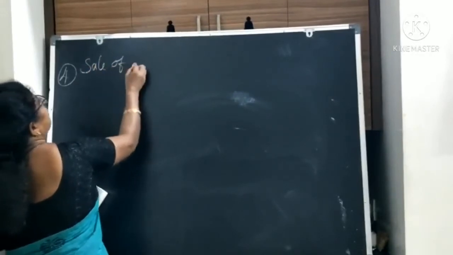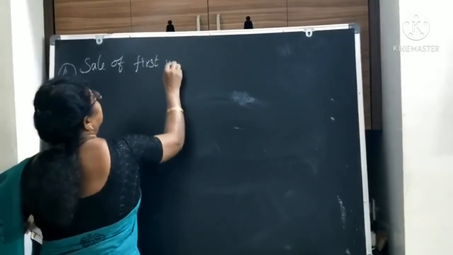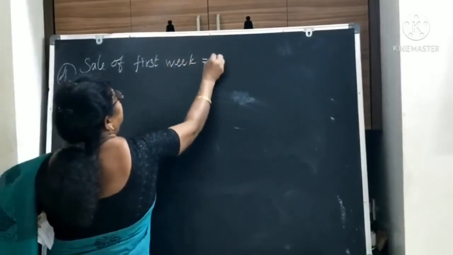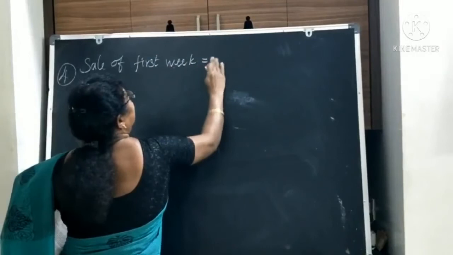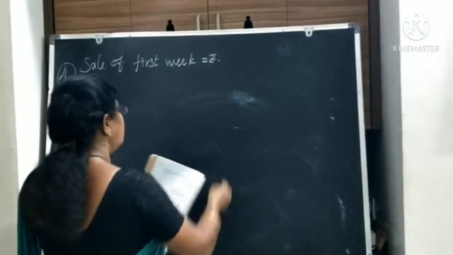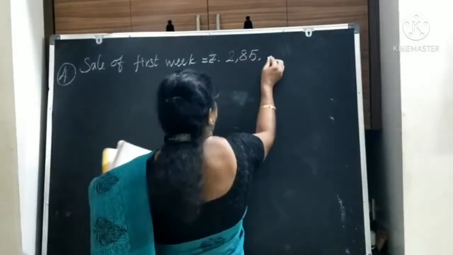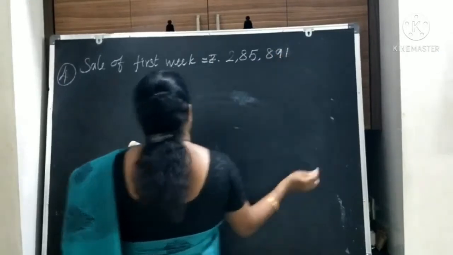Sale of first week. First week, what is the sale? Rupees. Now we write the symbol rupees, 2,85,891.